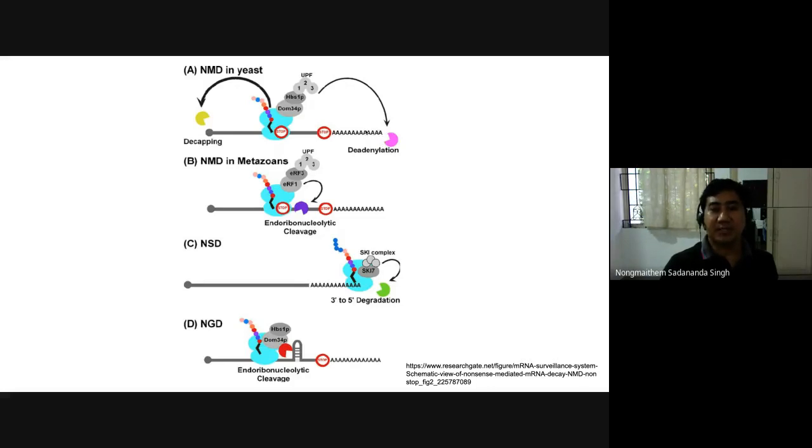Once de-adenylation happens, other exonucleolytic enzymes come and degrade this mRNA.